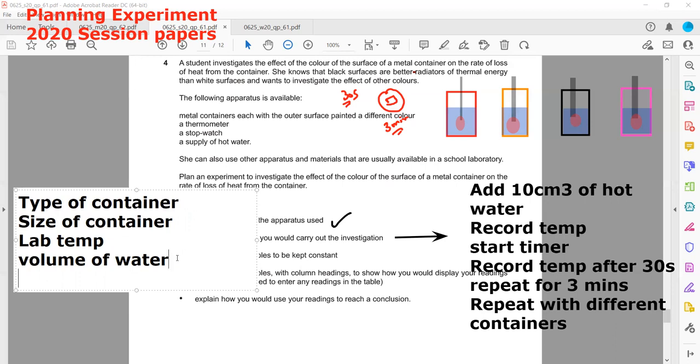You mean the initial temperature? Yes, that's right. It is not necessary that it should be 100 because they mention it is hot water. So initial temperature can be 80 as well. Hot water at 80, 70, 60 can also be referred to as hot water. So we can mention the initial temperature of the water.